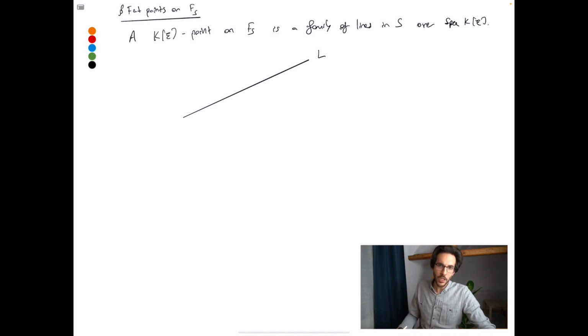And remember there was an exercise that said that if you fatten a single point on a smooth variety, then you're actually choosing a tangent direction of that variety at that point. Now, the additional thing that we want is that this fat point has to lie inside of S. So the tangent direction that we're choosing is not only an arbitrary one on P3, but it should lie in S.